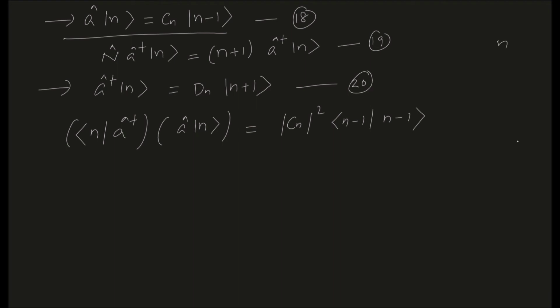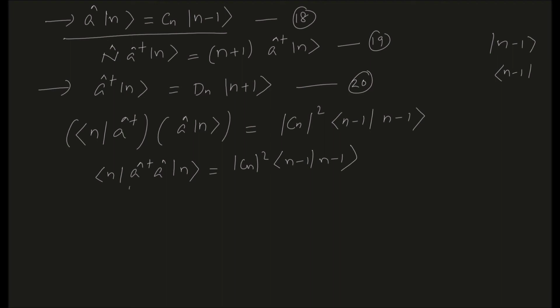Because the complex conjugate of the ket |n minus 1> is given by the bra <n minus 1|. So that is how you get these bras here. If I remove these brackets here, you can see that this is <n|a dagger a|n> equal to modulus c_n squared <n minus 1|n minus 1>.